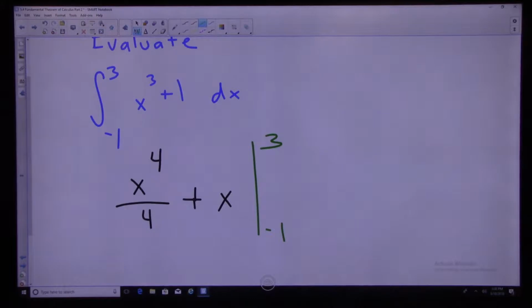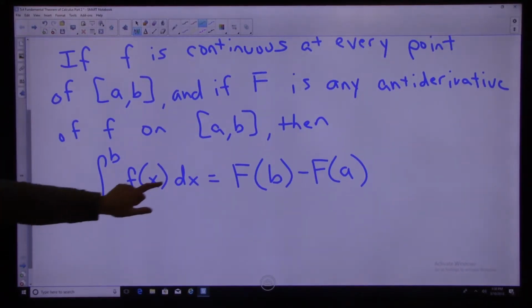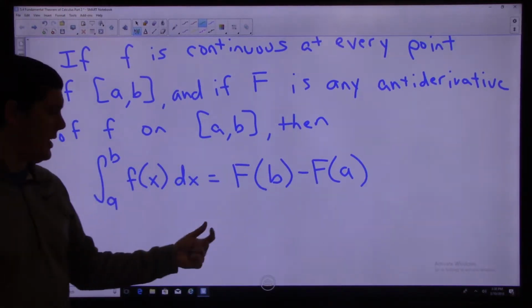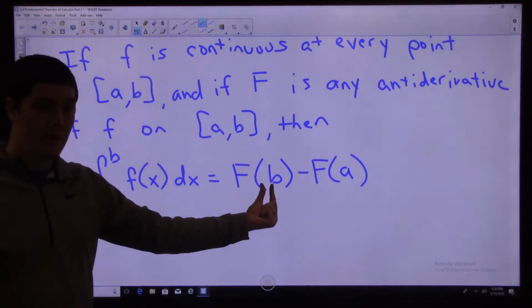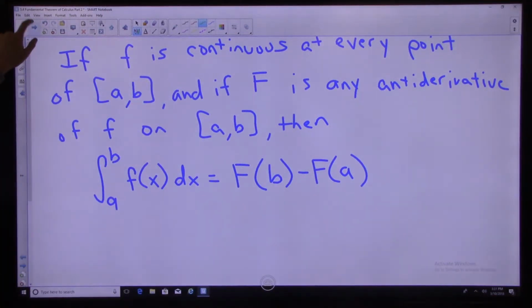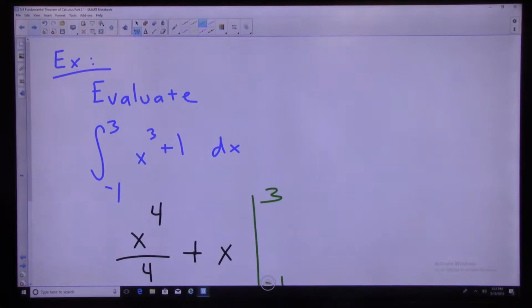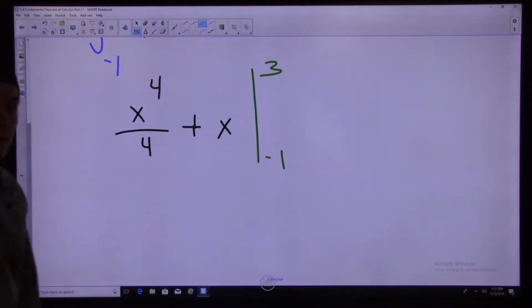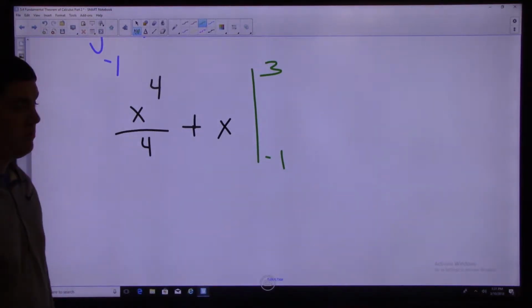So now we actually have to apply the second part of the fundamental theorem of calculus. We've got to take capital F of b, which means the antiderivative evaluated at b, minus the antiderivative evaluated at a. So let me ask you, Corbin, either Corbin, which one of these is b? Yep.